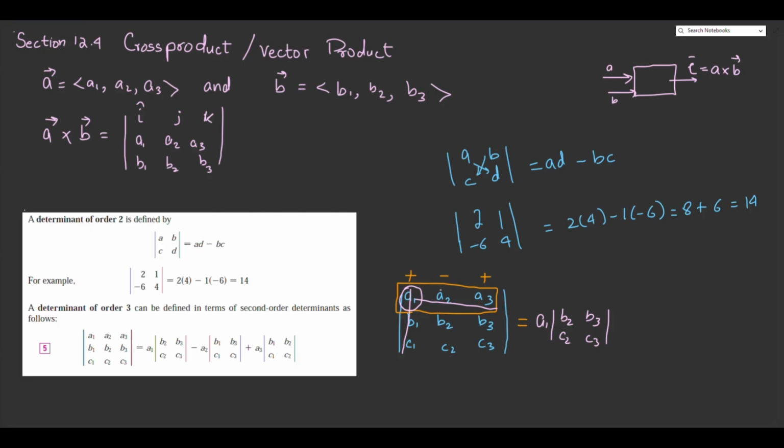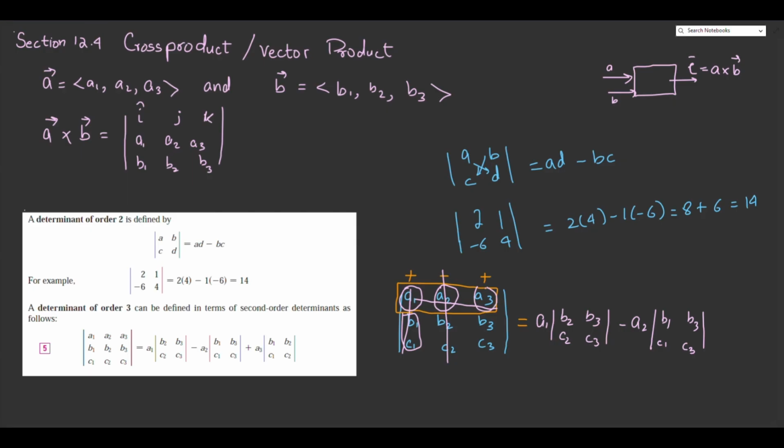Next, you put the circle on A2, and the minus is multiplied with A2. Again we cancel the first row and the second column, and we are left with B1, C1, B3, C3.